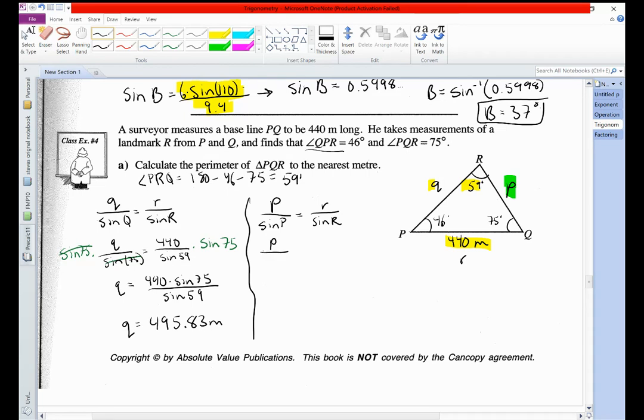P over sine of 46 is equal to 440 over sine of 59. Multiply both sides by sine 46.